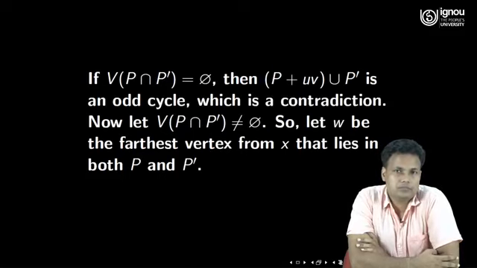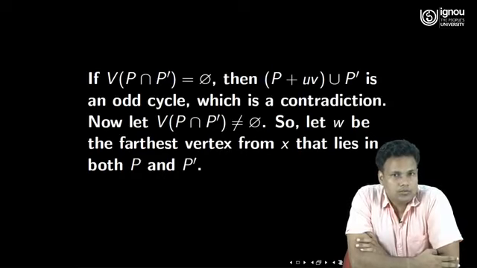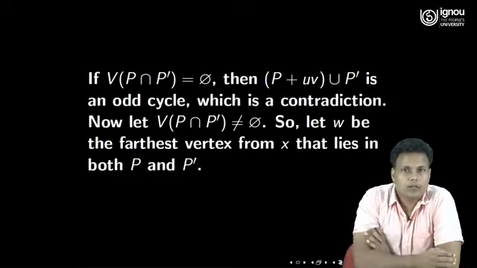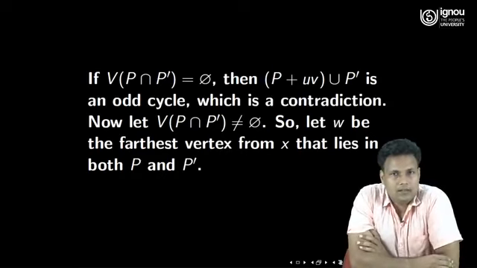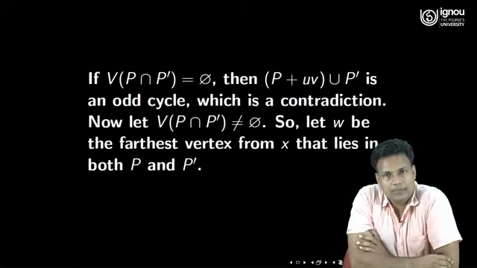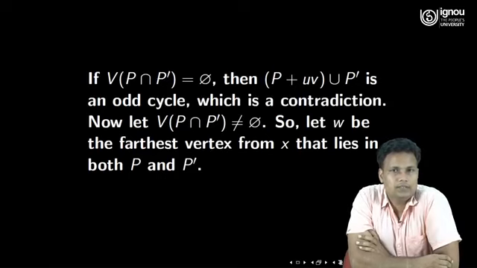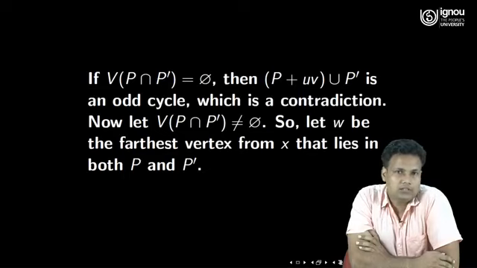Why? Because P has even length and P dash also has even length, and both have no common vertex, and the edge UV along with these even lengths makes an odd cycle. So, this is a contradiction, because we have assumed that the graph has no odd cycle.